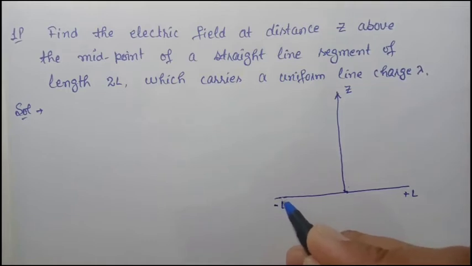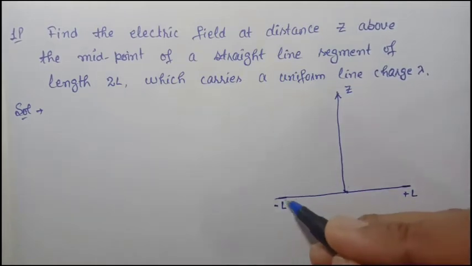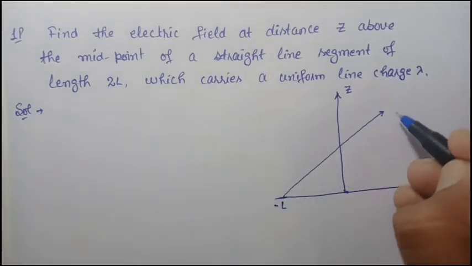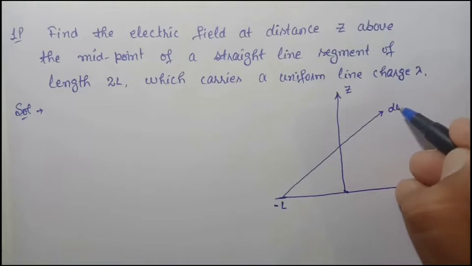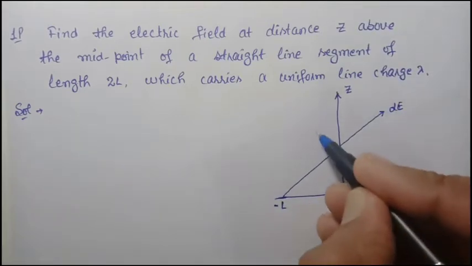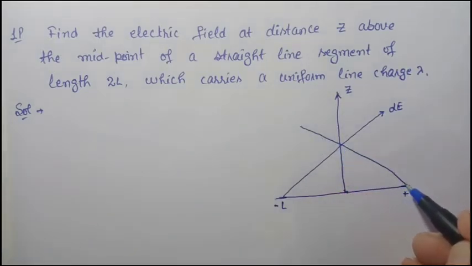Suppose here we have a small element, and also here we have a small element. Then the electric field component due to this segment is dE, and similarly due to the other line segment the electric field component again is dE.